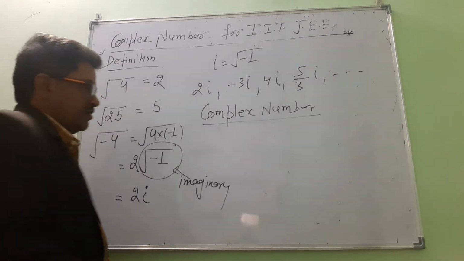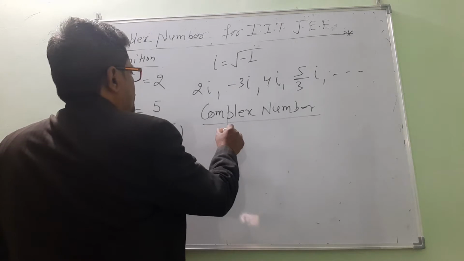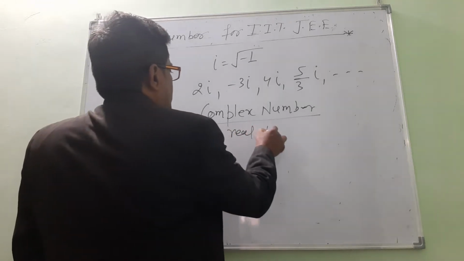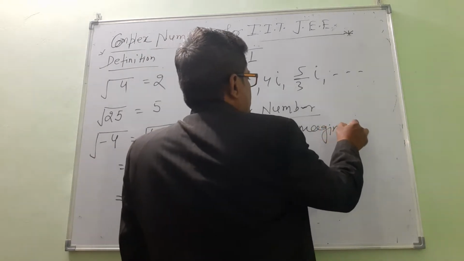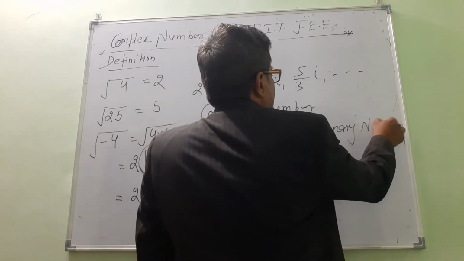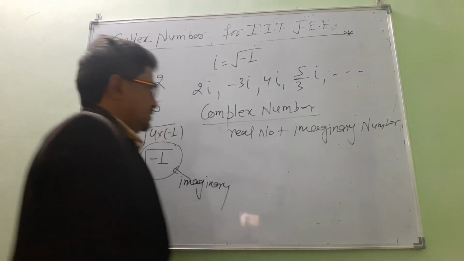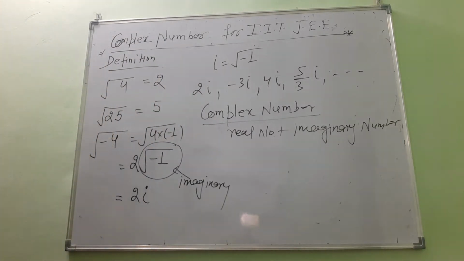What is complex number? Complex number means sum of real number plus imaginary number. Complex number is the sum of real number and imaginary number.